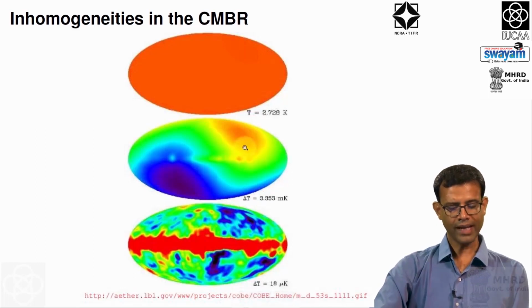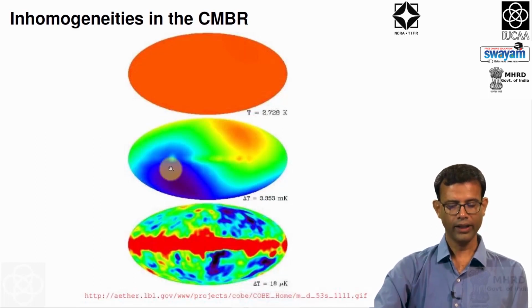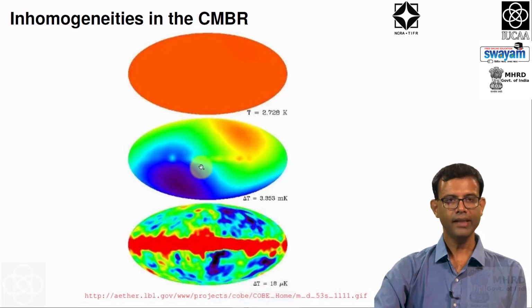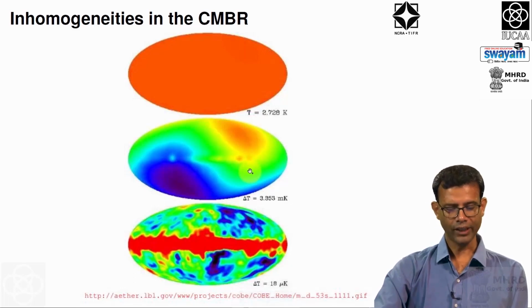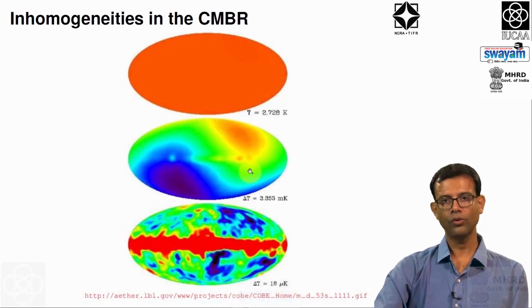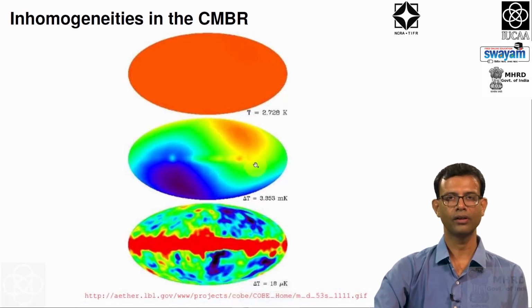Now, this has a dipolar pattern. It is just hotter in one direction and cooler in the opposite direction, and this is nothing but the fact that we, the observer, the earth, our frame of reference is actually moving with respect to the cosmological reference frame in which the universe is isotropic.